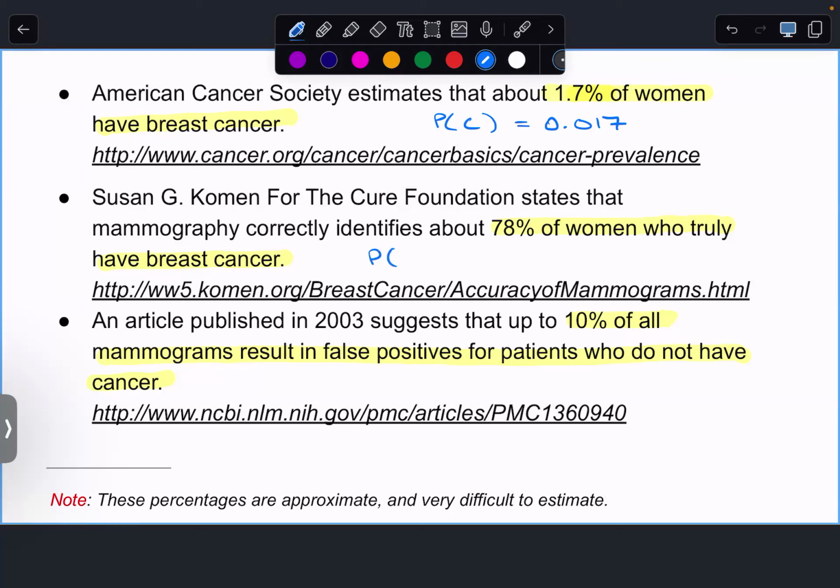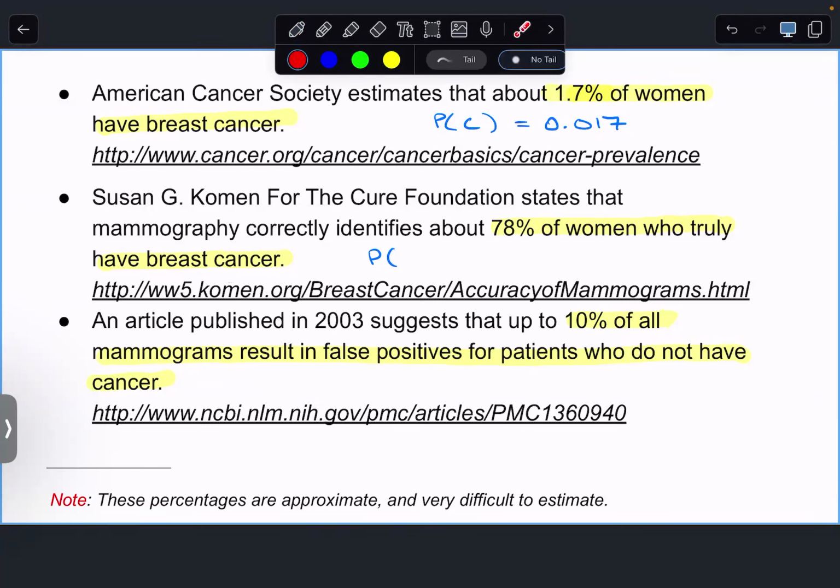Now, I want to use a positive test because, well, one, I know it's coming, and two, I want to have some overarching outcome, right? Instead of talking about correctly identifying if you have cancer.